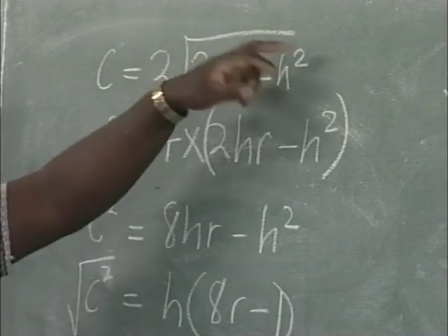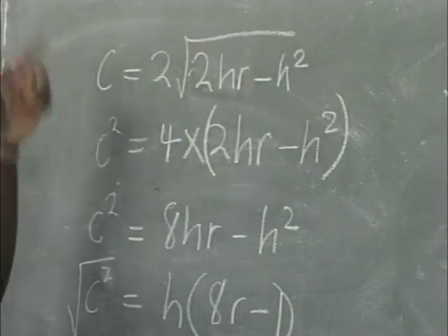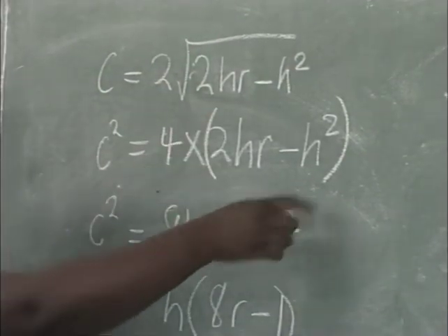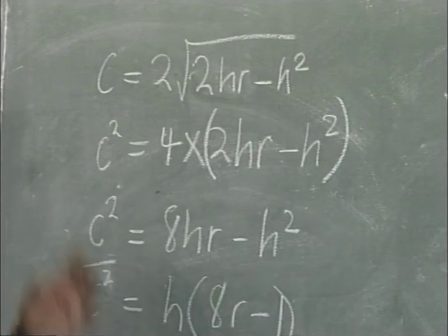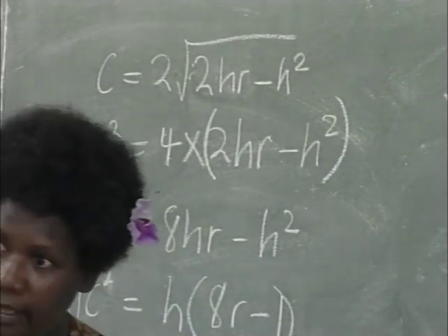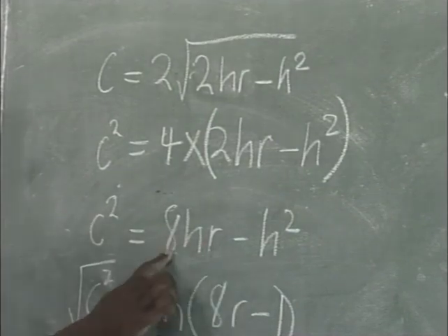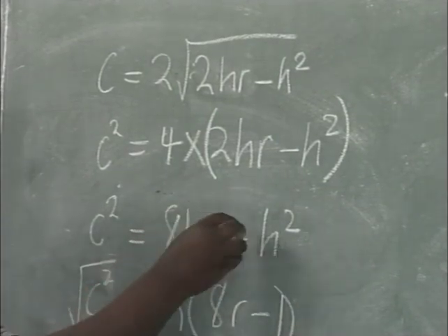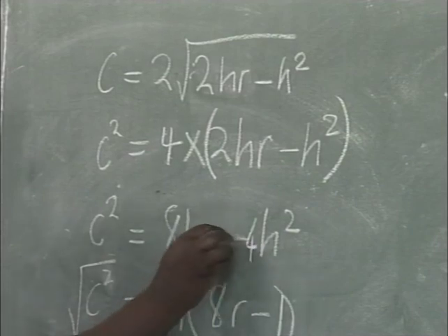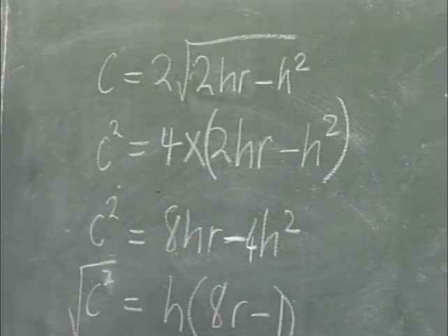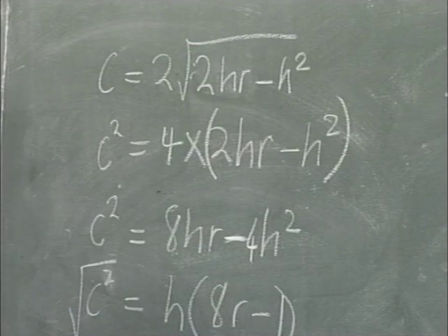Because it says this multiplied by all of this. So if you're squaring, 4 has to be multiplied by this. Okay, I'll do this both ways and see if we get the same answer. Now, this one should be 8hr minus 4h squared.